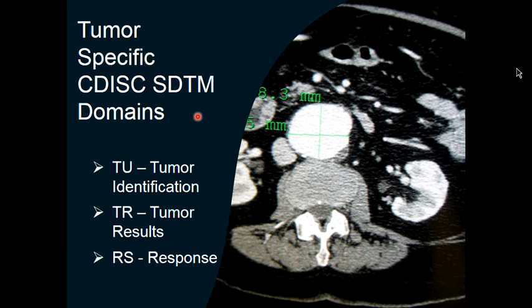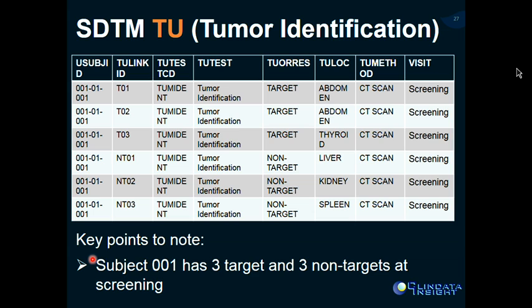For the CDISC SDTM, there are three major tumor-specific domains: TU as tumor identification, TR as tumor results, and RS as response. So let's talk about the tumor identification SDTM domain.